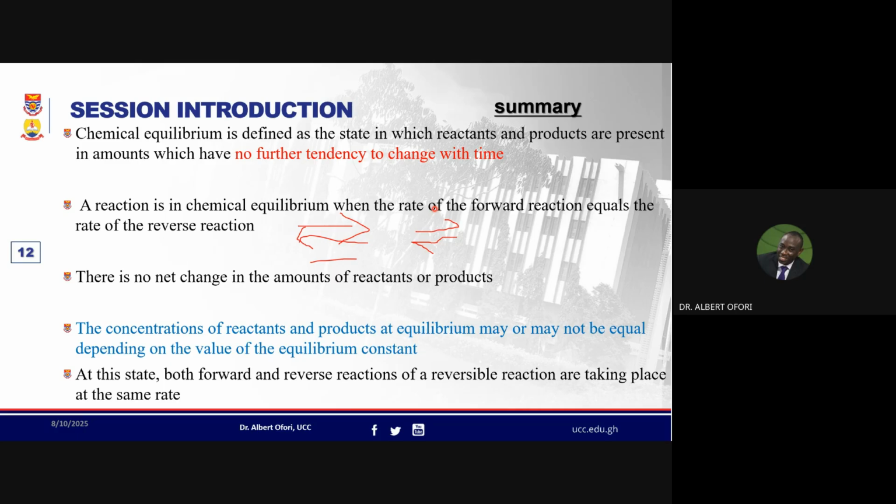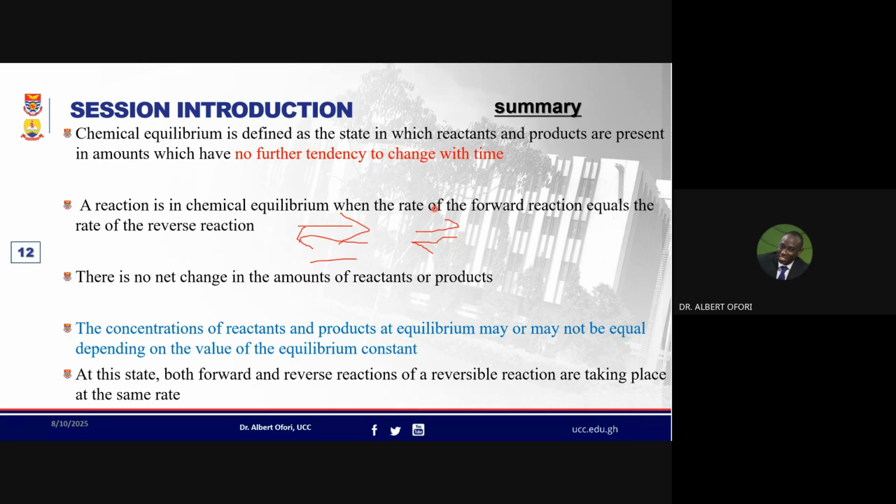That's a misconception. If the rates are the same, it doesn't mean that nothing is going on. There's something going on. That's why we say that chemical equilibrium is dynamic. The fact that you record no change in concentration does not mean that the rate of reaction is equal to zero.